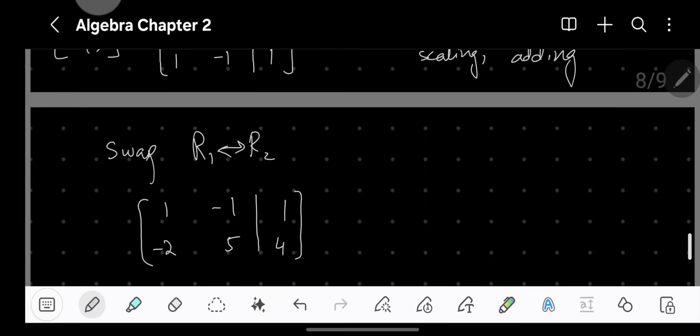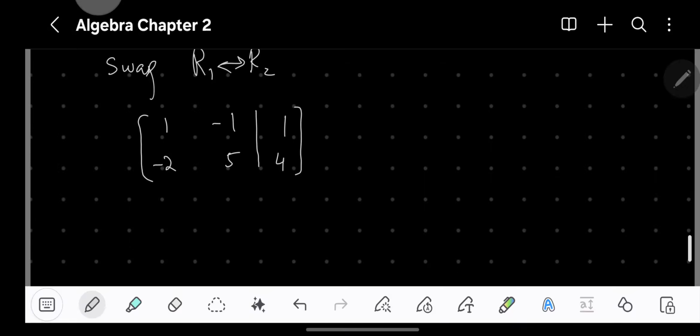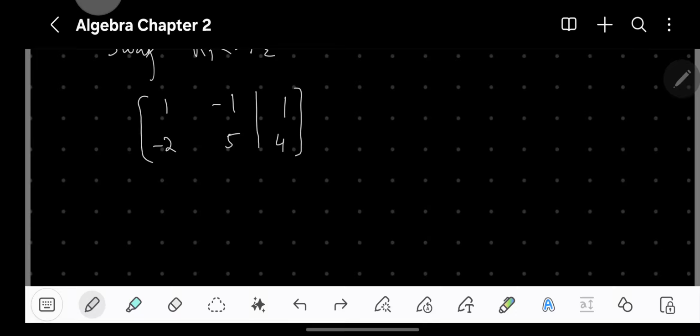Okay. So now I have to make here 0. The next target is to make here 0. How can I make here 0? You can check. I have to use this row to make here 0. You can check here I have 1 and here I have -2.